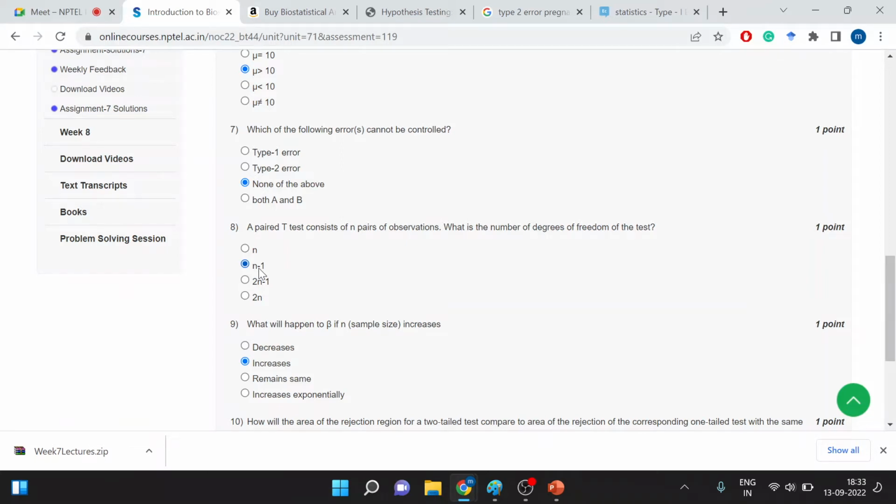Suppose I have 20 patients and I give you the names of 19 patients from where I have taken measurements. You will obviously know from where the 20th patient's reading is coming from, because you know the 19 other names of the 19 other patients. So that is nothing but degrees of freedom.